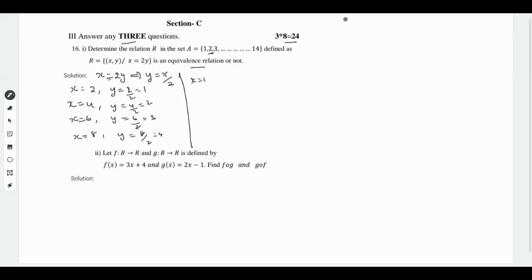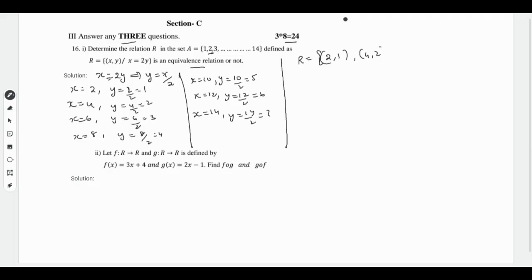If x is 10, y will be 5. If x is 12, y will be 6. If x is 14, y will be 7. So we got the relation R as (2,1), (4,2), (6,3), (8,4), (10,5), (12,6), (14,7).